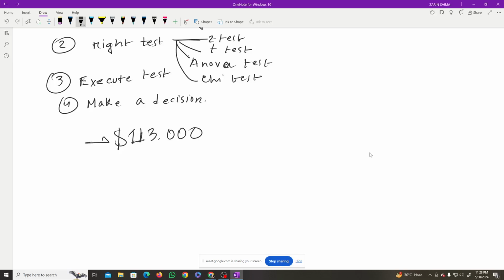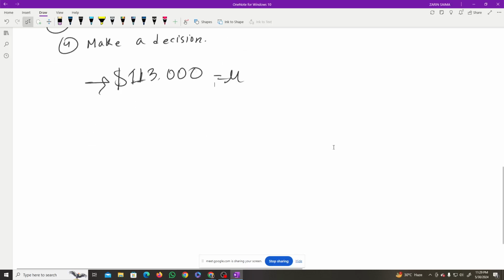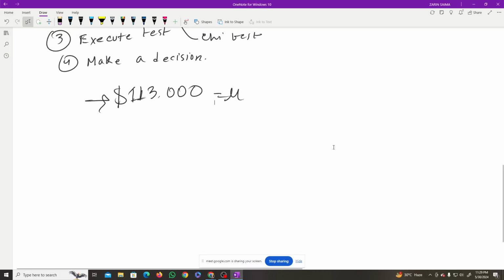So this is a data that the mean salary of a data scientist in USA is $113,000. So in this case, what would be the hypothesis, a null hypothesis and alternative hypothesis?